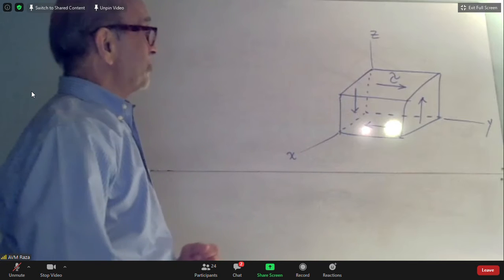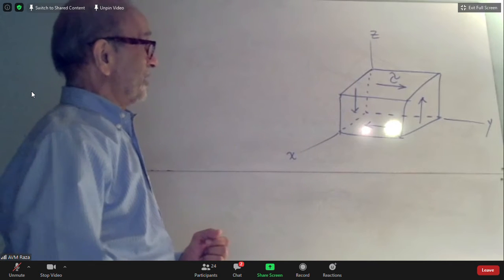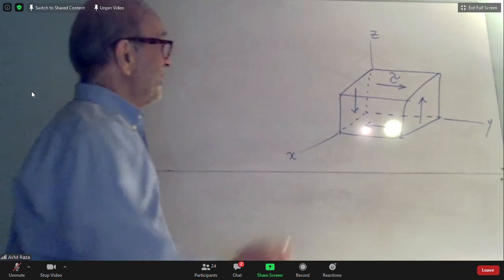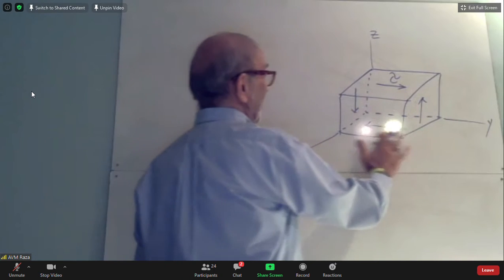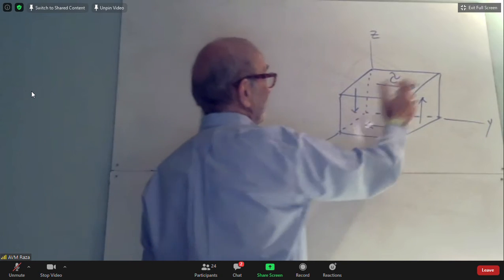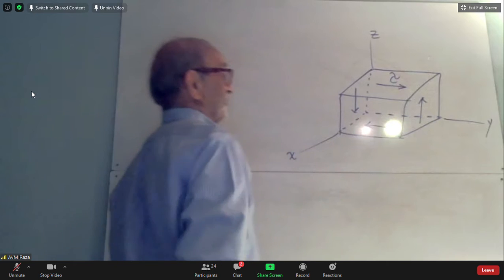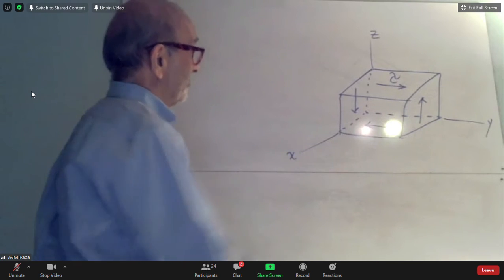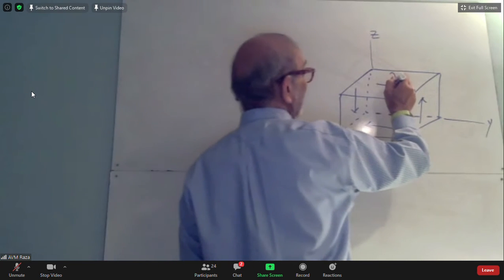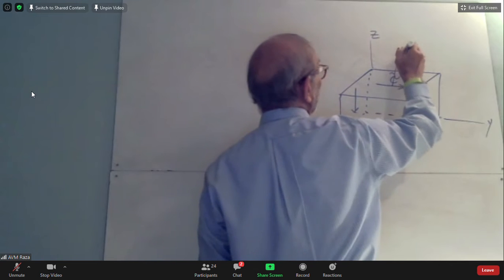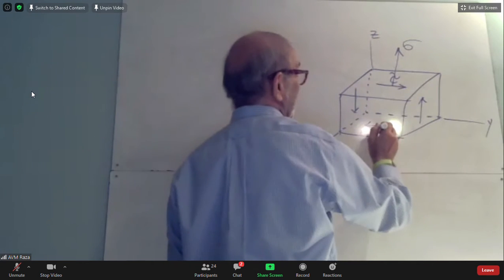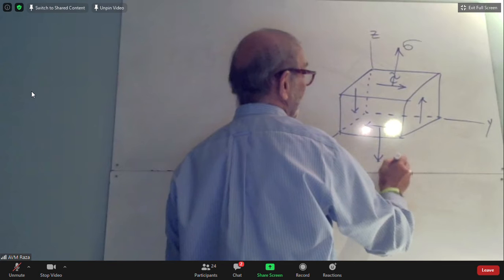There could be 2 more shear stresses, one on the front surface or the X surface, which is not shown here, and one on the negative X surface. And also there could be normal stresses. There could be a sigma on this face, and a sigma on the bottom face to balance that.